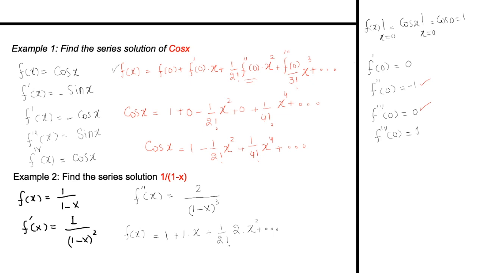So one can write this function 1 over 1 minus x as 1 plus x plus x squared, and so on. And this can be written in compact form as summation over n from 0 to infinity of x to the power n.